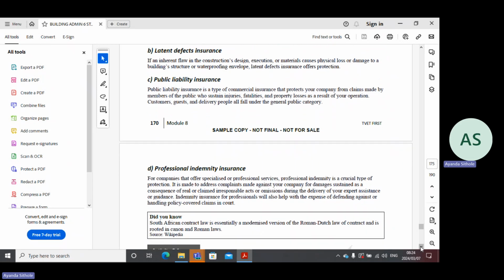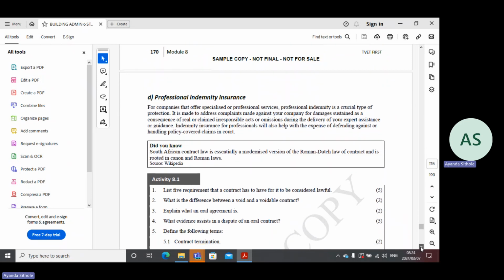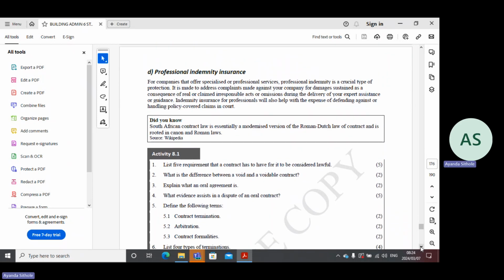Then we have professional indemnity insurance. For companies that offer specialized or professional services, professional indemnity is a crucial type of protection.